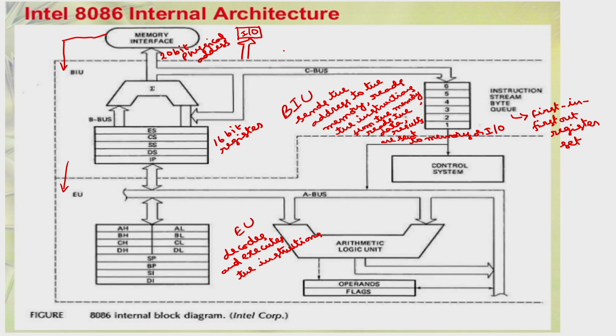To obtain the 20-bit physical address from 16-bit registers, we use the operation that I have already explained: the contents of any segment register times 10H plus the instruction pointer, base pointer or index pointer, depending upon the type of segment that we are going to use. So that is about the bus interface unit blocks, and then coming to the execute unit.